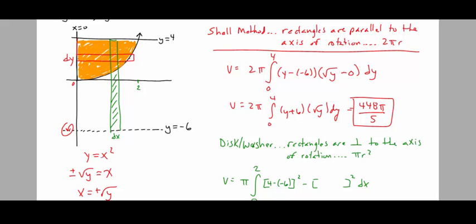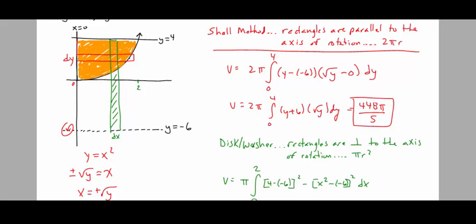Everything is in terms of x, so I can just plug in that x squared. So this is going to be set up as your upper minus that lower piece. So this upper was the 4 minus a negative 6, and this lower piece would be the x squared minus a negative 6. So that would again be that upper minus the lower.